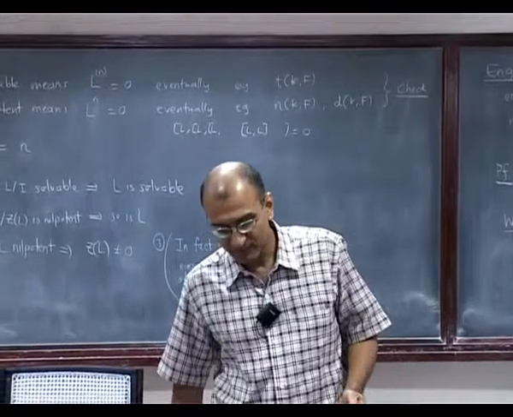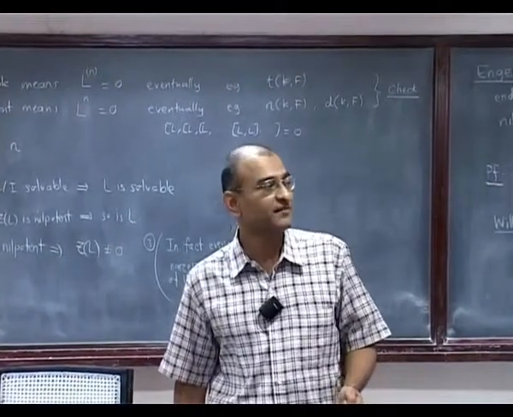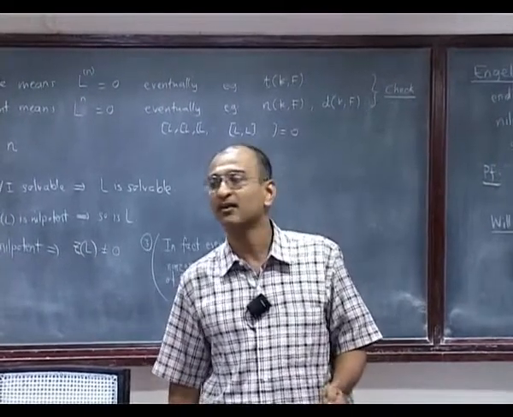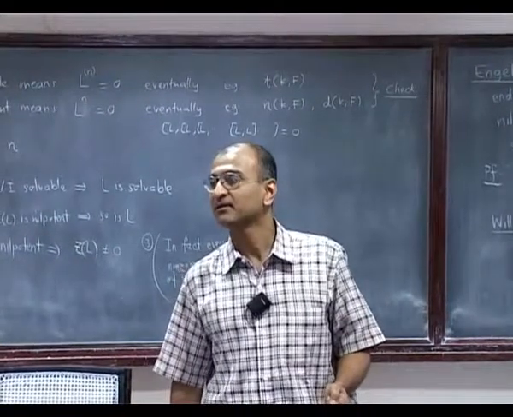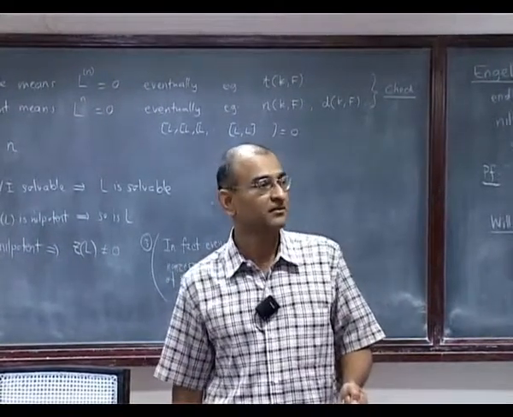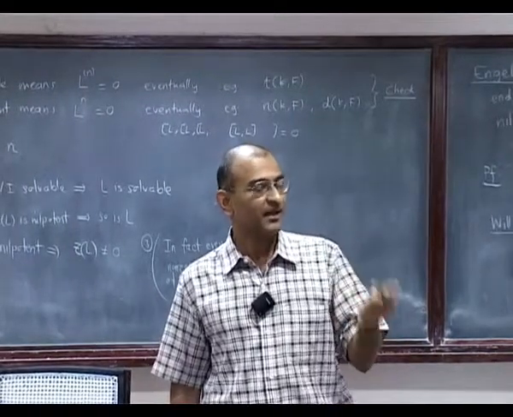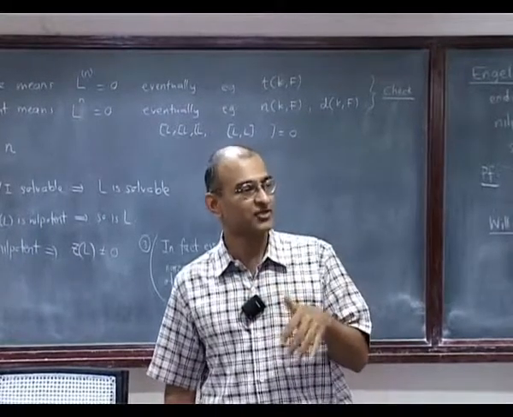In other words, the bracket of K with L should sit inside K. In other words, if I take the adjoint action of K on L mod K, what should it be? Trivial, right? Because the bracket of K with L should be inside K, so if I go modulo K, it should be 0.